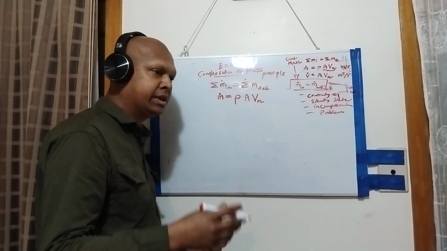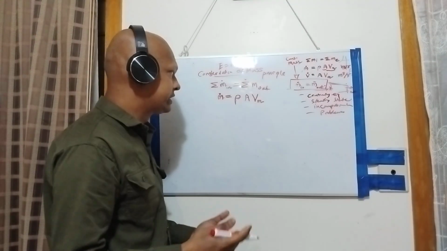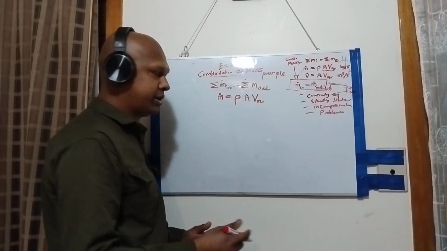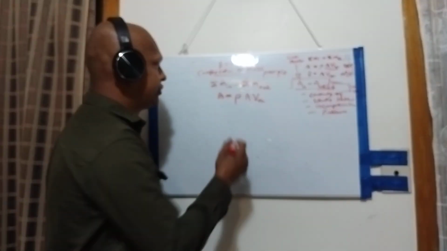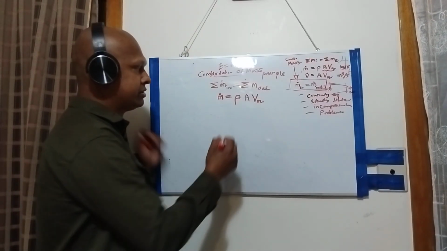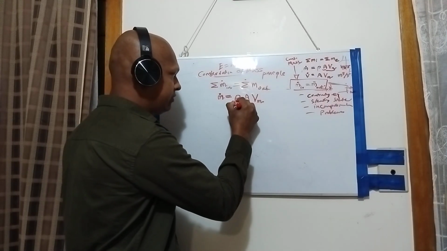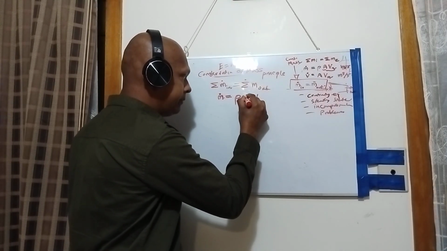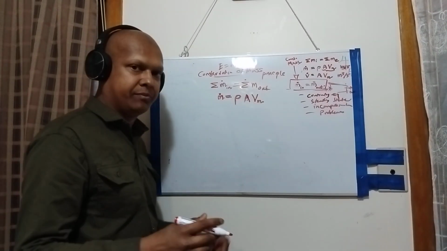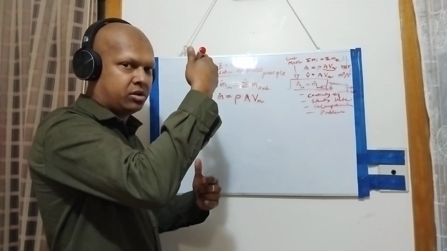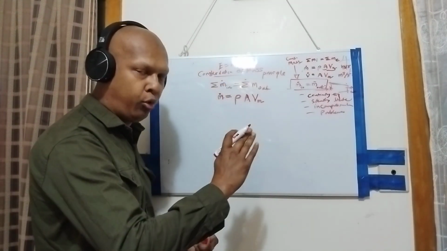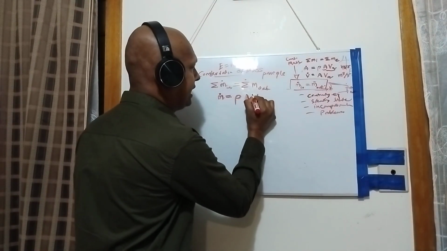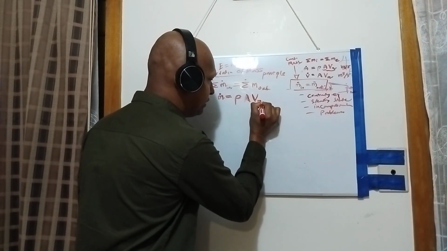So usually in engineering we use water a lot, or sometimes air. In a situation like that, the density would be the density of the fluid, and the A is the nominal area, the area normal to the flow, and the V is the mean velocity.